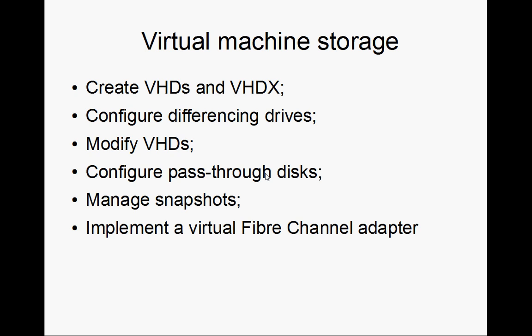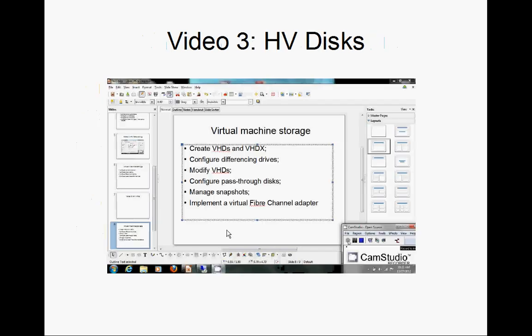You have two options within the Microsoft realm, which are the VHD format and the VHDX format. The VHD format is the older version, and the VHDX is the newer version and has some capabilities that the older version doesn't have.